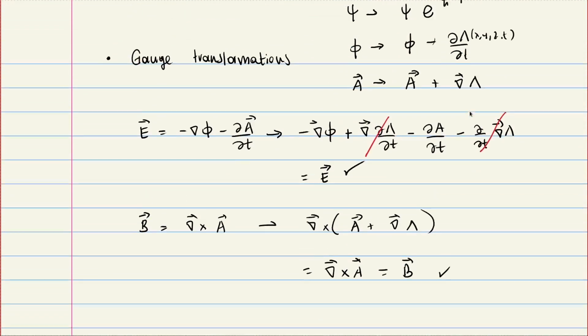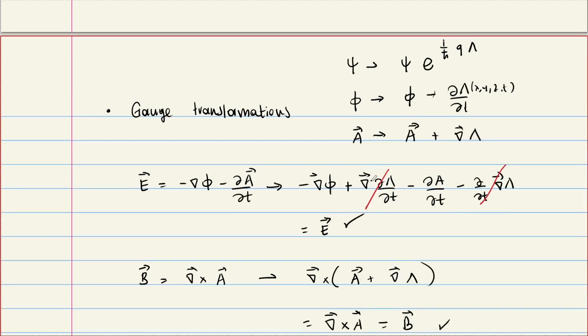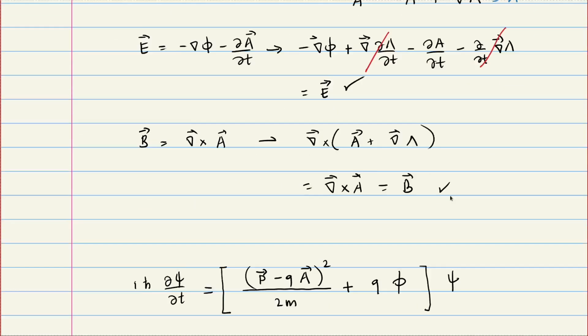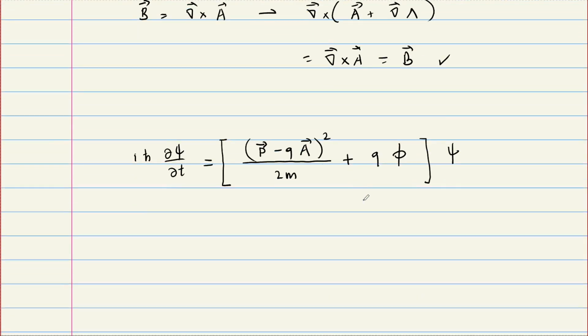Let me actually call these psi prime, phi prime, and A prime. So this is the Schrödinger equation without the primes.